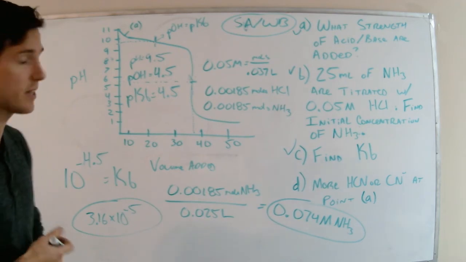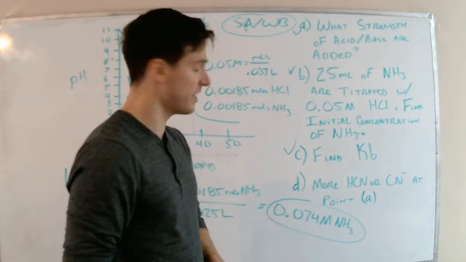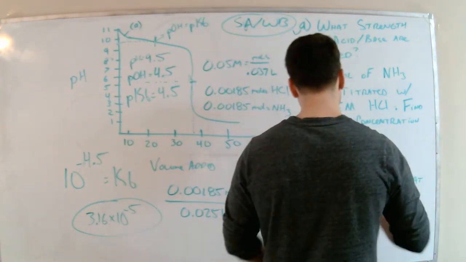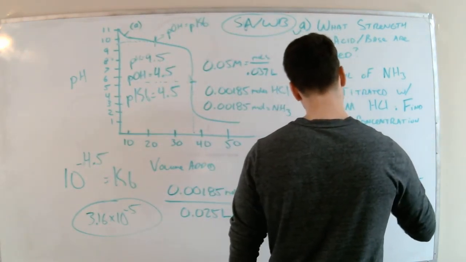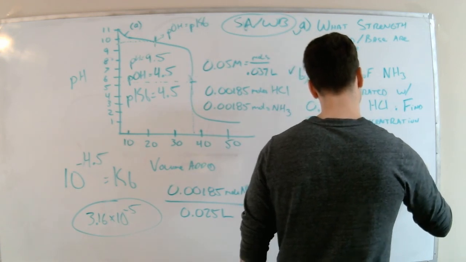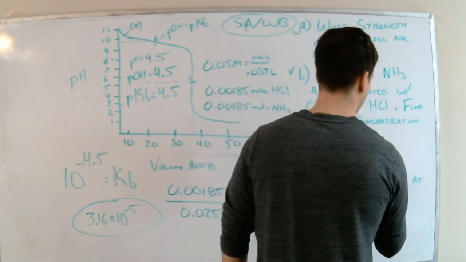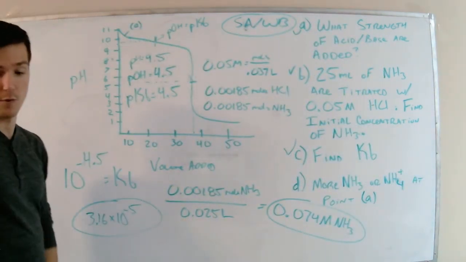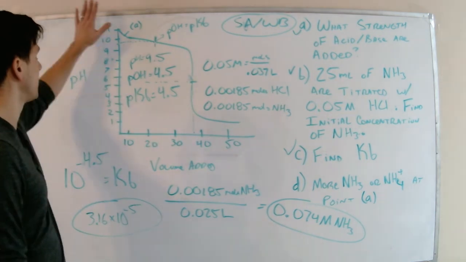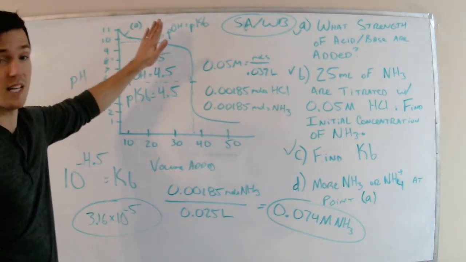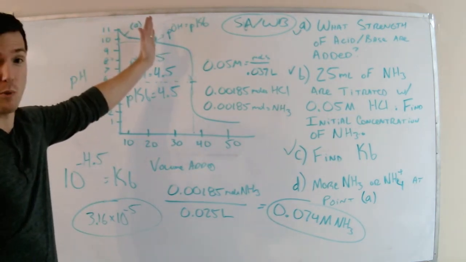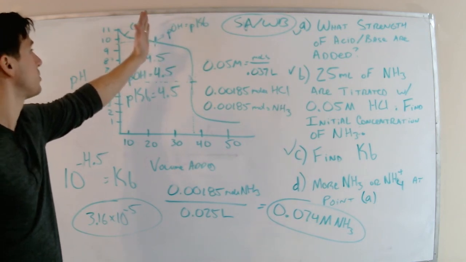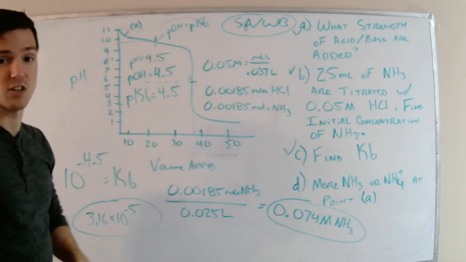Next, it wants more NH3, or in this case NH3 or NH4 plus at point A. Sorry guys. Point A is right here. Remember, we are starting with NH3 at the beginning. When we reach the half equivalence point, some of that H plus has eaten up that OH minus, leaving us with NH4 plus.